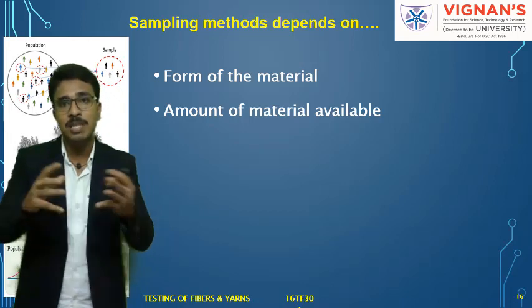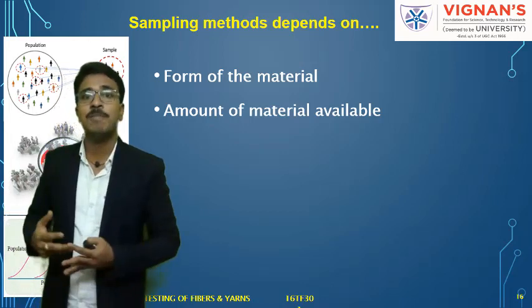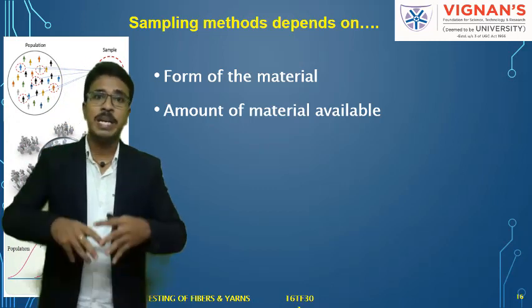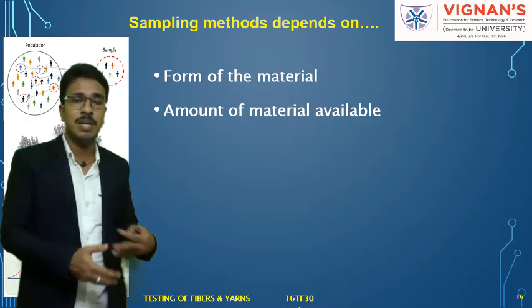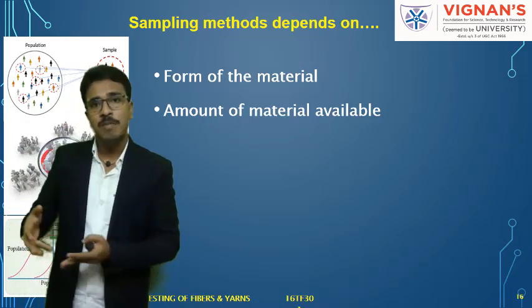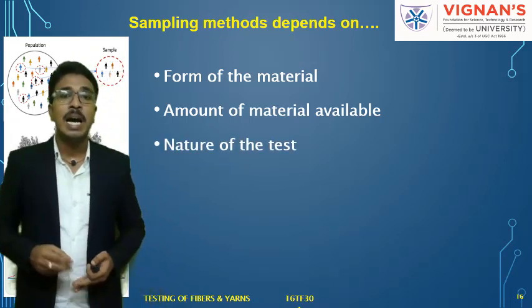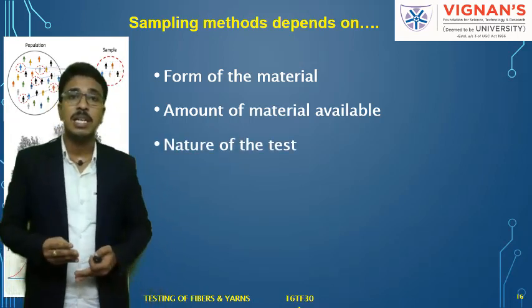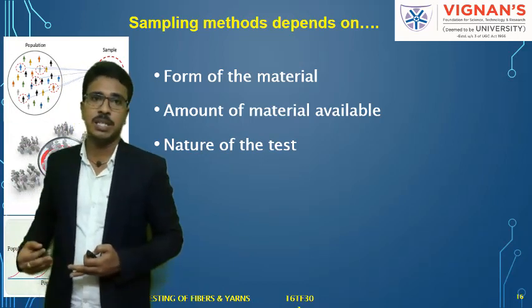Whether the availability of the material is more or less. If material availability is more, obviously we will take more samples. If the availability is less, we will do the testing with a smaller amount of sample. And nature of test.